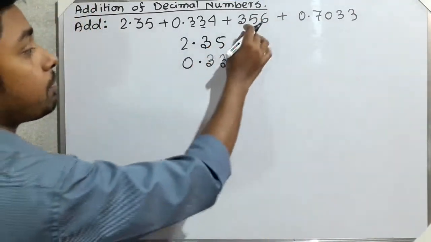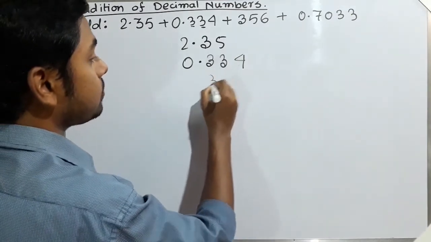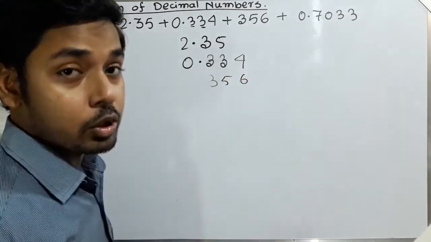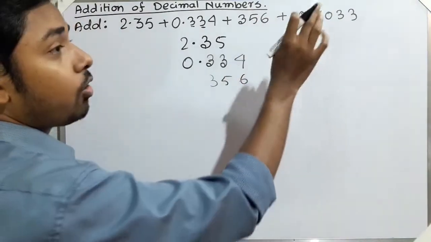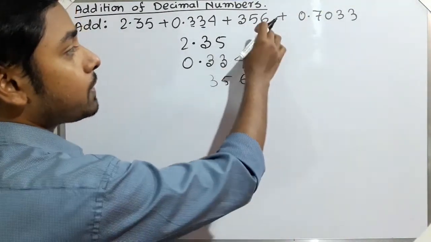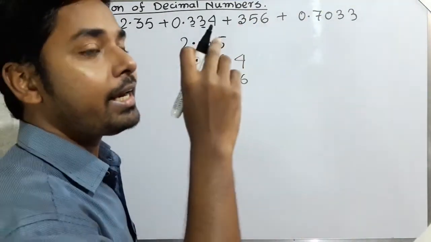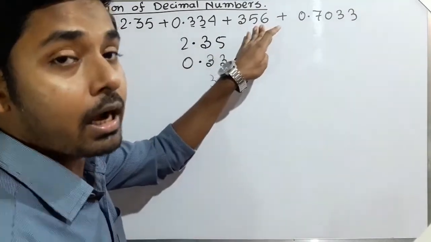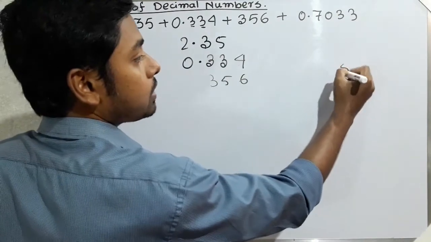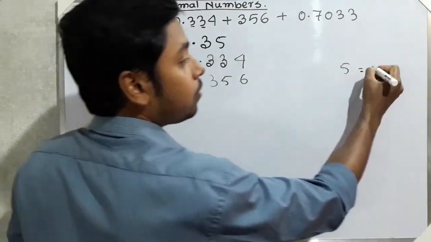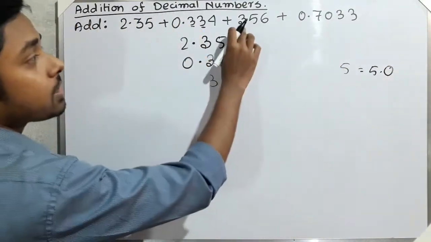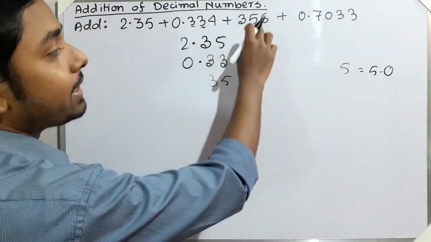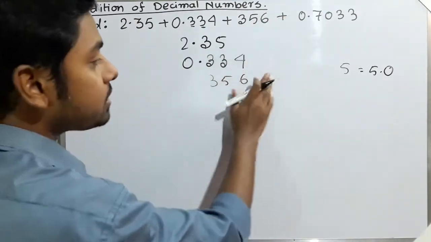How can we write 356 here? Any natural number we can write in the form of a decimal. How? Suppose 5, we can write it as 5.0. That means 356 we can write as 356.0.